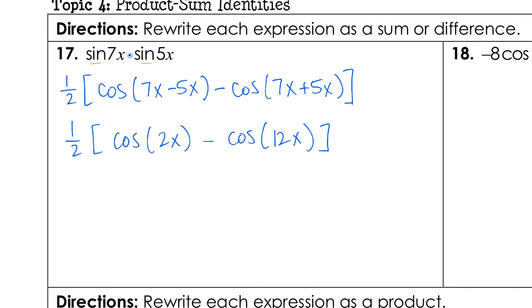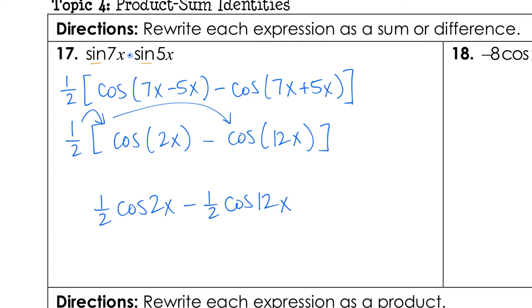And so last thing to do is to distribute the 1/2. So 1/2 cosine of 2x minus 1/2 cosine of 12x.